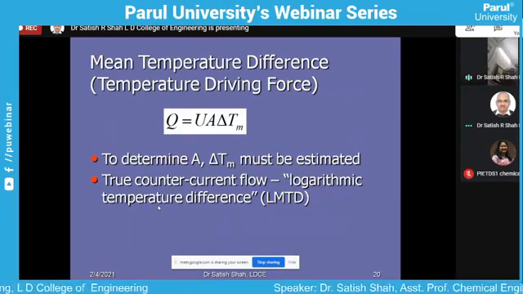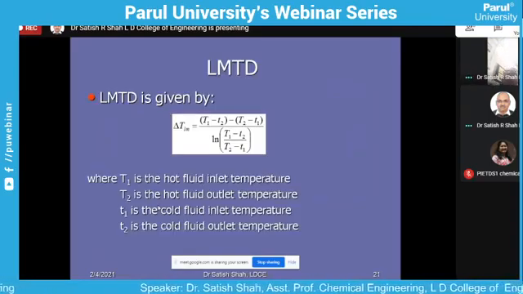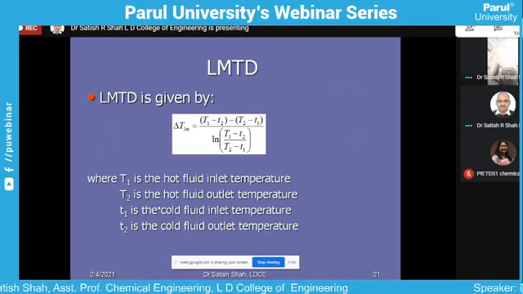I told you that you have to calculate delta Tm, that is the LMTD value. How will you calculate LMTD? If it is completely counter-current flow, this is the formula. You can calculate log mean temperature difference by this formula, where capital T1 and T2 are the hot fluid inlet and outlet temperature, and small T1 and T2 are the cold fluid inlet and outlet temperature.